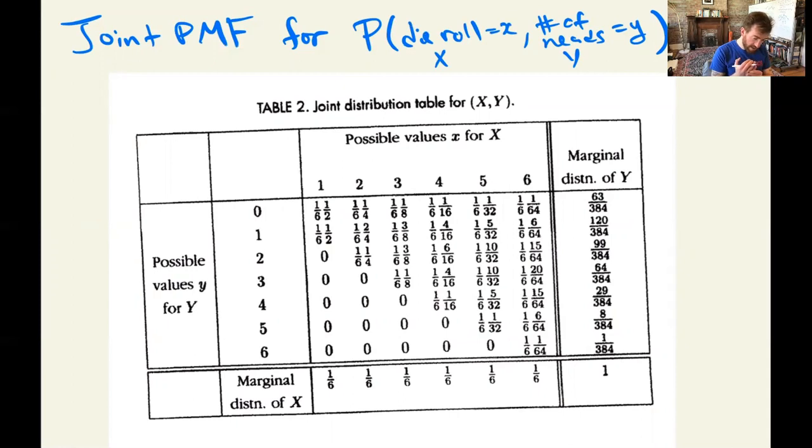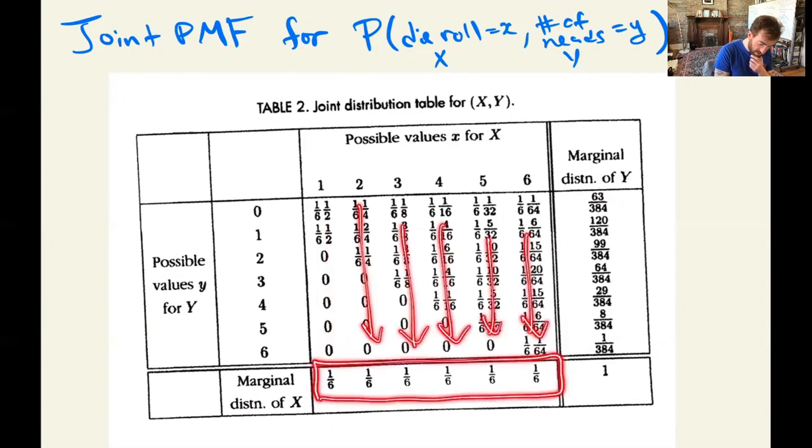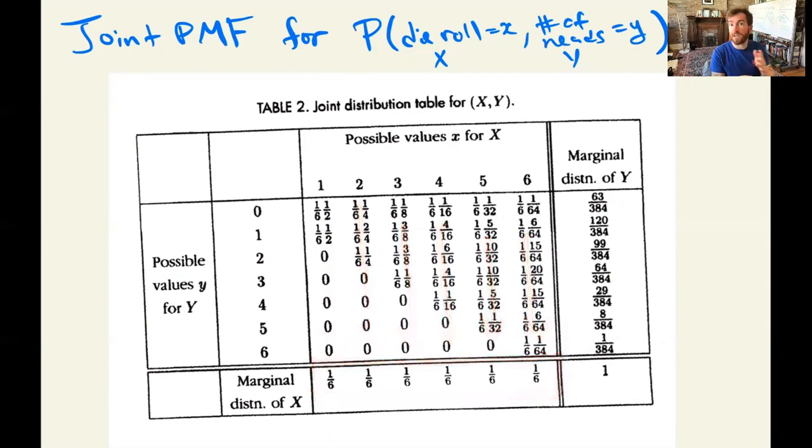And you'll see here that when we take this joint PMF and sum along all the values for y, we actually regain the uniform distribution on 1 through 6, which is the probability of getting a given roll.